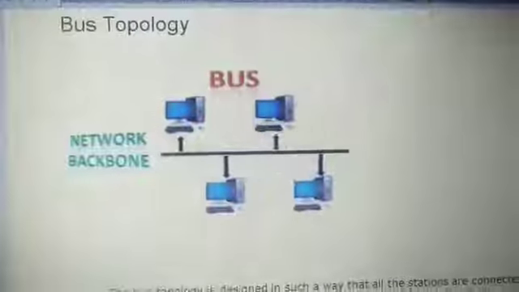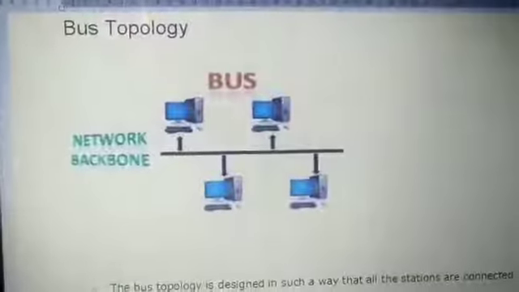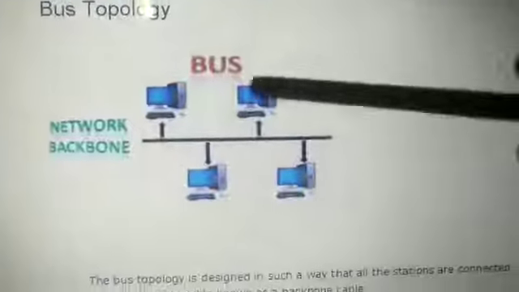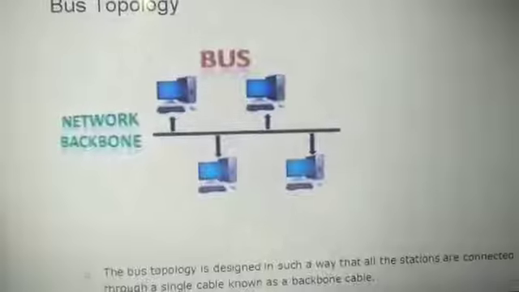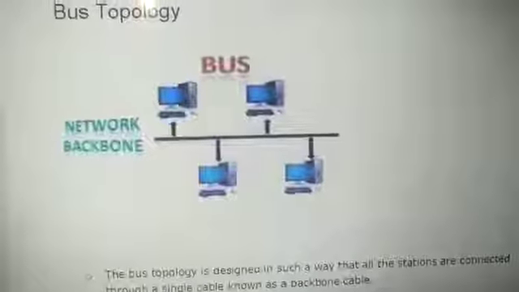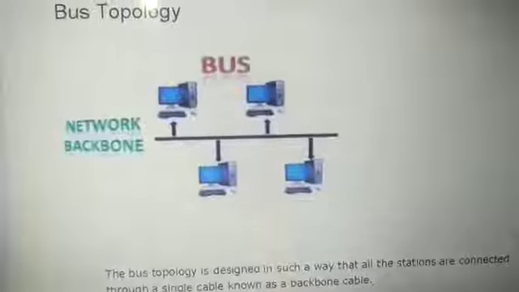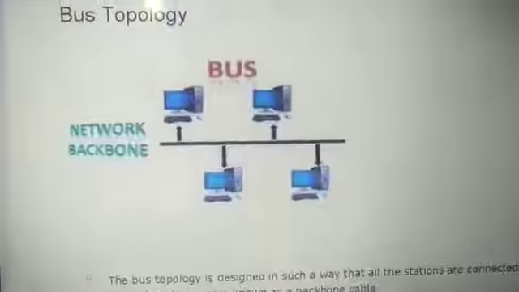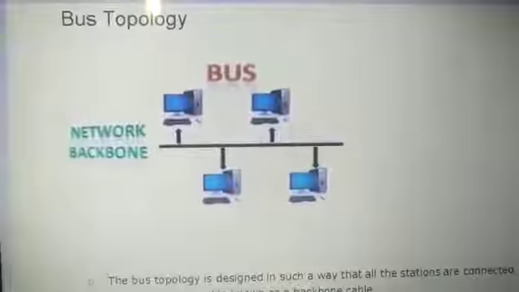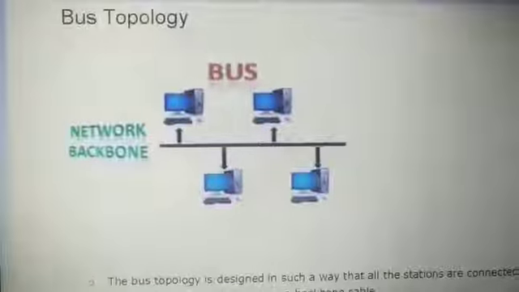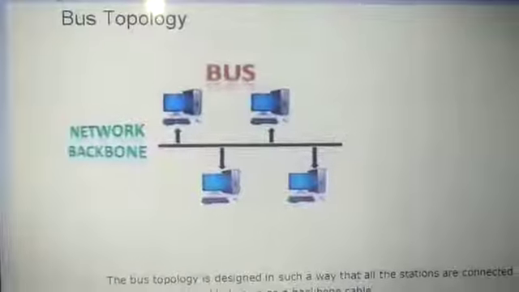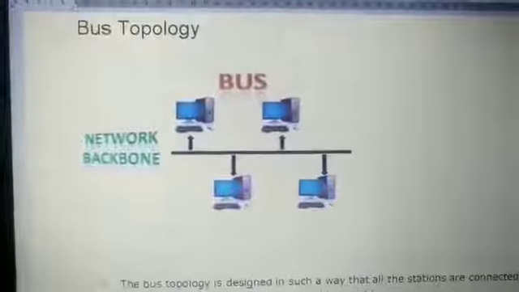This cable wire works as a backbone, or you can say the bus, and it is connected with the other nodes or terminals. From here it will pick up the information from the sender and give it to the receiver end. The same kind of process is occurring here. That's why this kind of topology is called the bus topology.